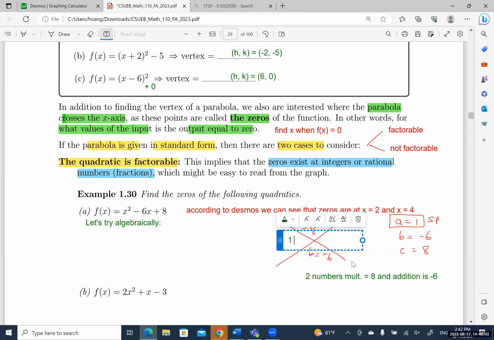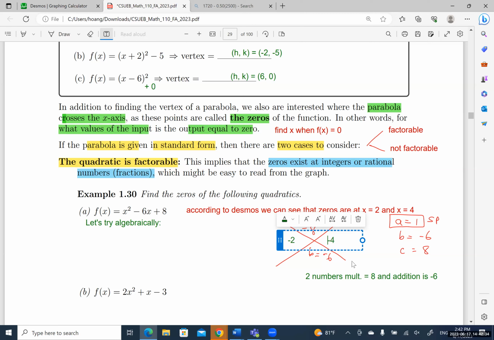So I don't want to use these two numbers. I'm going to use 2 times 4. 2 times 4 is 8. Okay, all right, that's good. 2 plus 4 is 6. Oh, almost. However, it was negative, right? So if you see that, okay, you can just change it to be -2 and -4, because why?